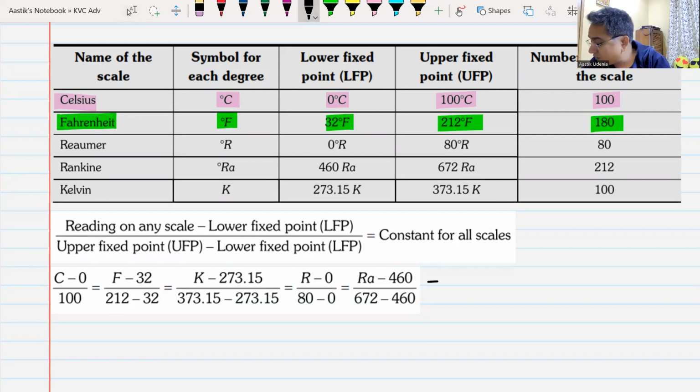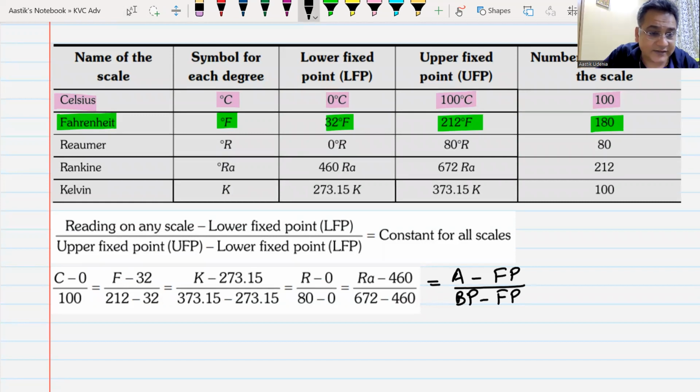If you make your own scale, say my own scale, then the reading on my scale minus the freezing point on my scale, divided by boiling point minus freezing point on my scale, would be a constant. Do we understand this? So we can have this shortcut relation between these quantities.